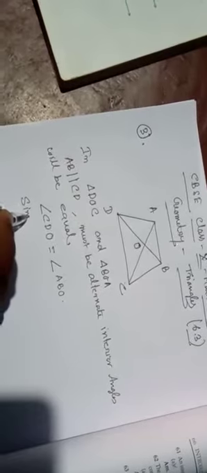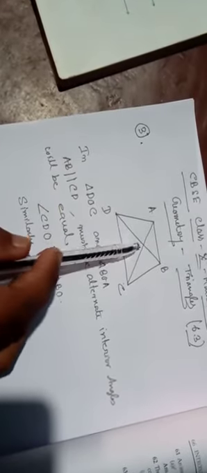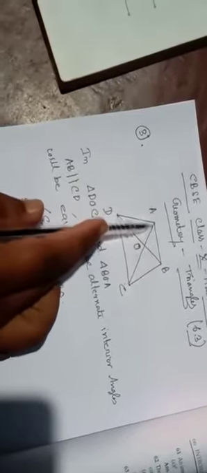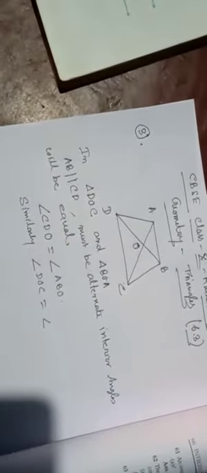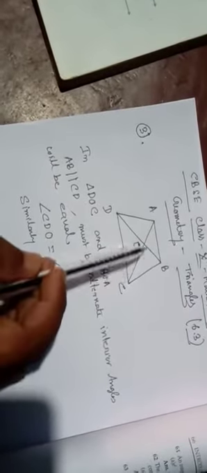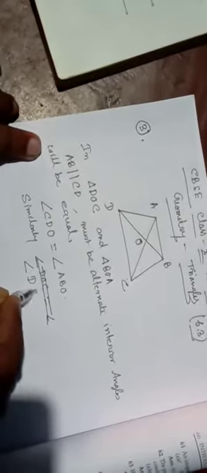Now similarly, angle DCO must be equal to angle BAO. So angle CDO equals angle ABO and angle DCO equals angle BAO.